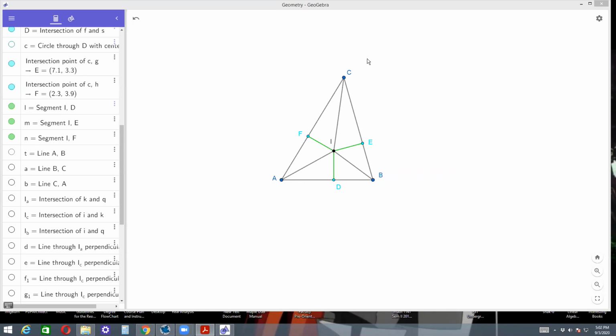Oh, you have a leg. Wait, since it's a 90-degree triangle, you have two sides that are equal, you could use Pythagoras to say that CF and CE are equal. Yeah, you're correct, but you don't actually need to go all the way there.